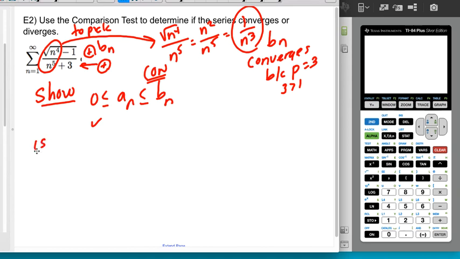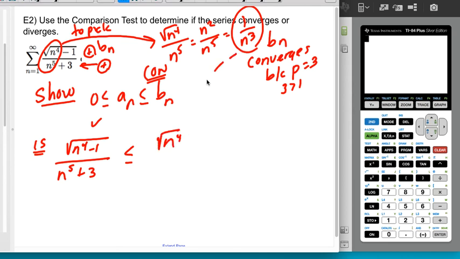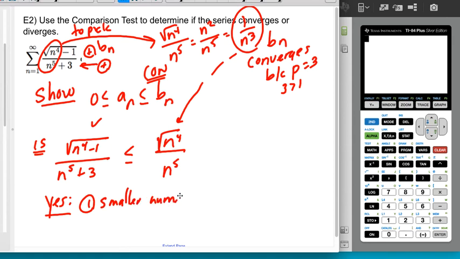The question is, is this thing smaller than this thing? And there's a couple different ways to do this. I'm probably going to cheat and just write this as this version that already looks like this. And the answer is yes for 2 reasons. Number 1, a smaller numerator, right?